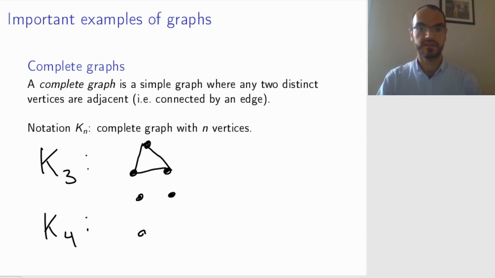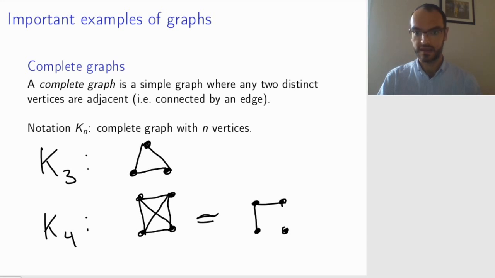K4 has 4 vertices. And now you draw all possible edges. So from each vertex, you have edges to all other vertices. This is one way of drawing it. Another way of drawing it, so this is the same, or rather isomorphic, if you want to be pedantic, but let's not.